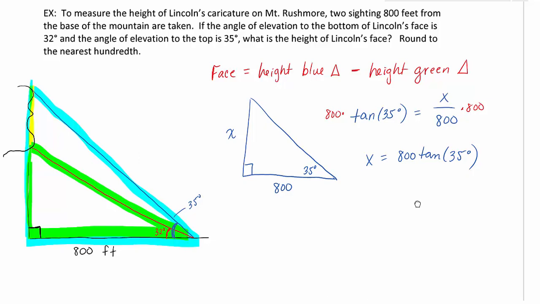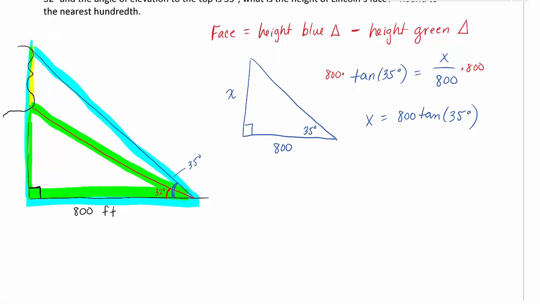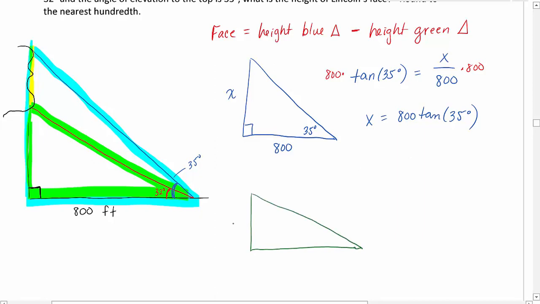So now let's do the green triangle. And I've got a breakout triangle here, and I'm going to call this side y, not to be confused with the x above. Angle of elevation, 32 degrees, base 800 feet. From that 32 degrees, again, we have the opposite and the adjacent side, so we'll be using tangent.